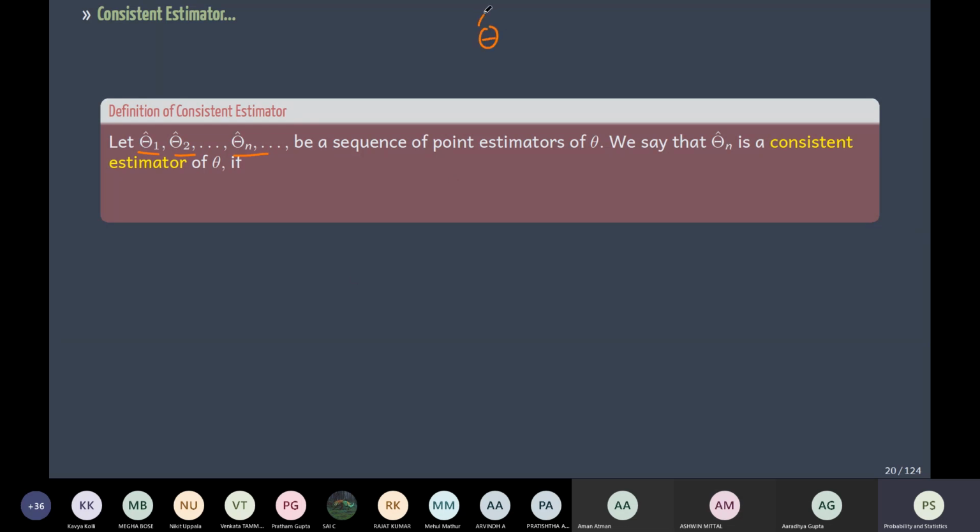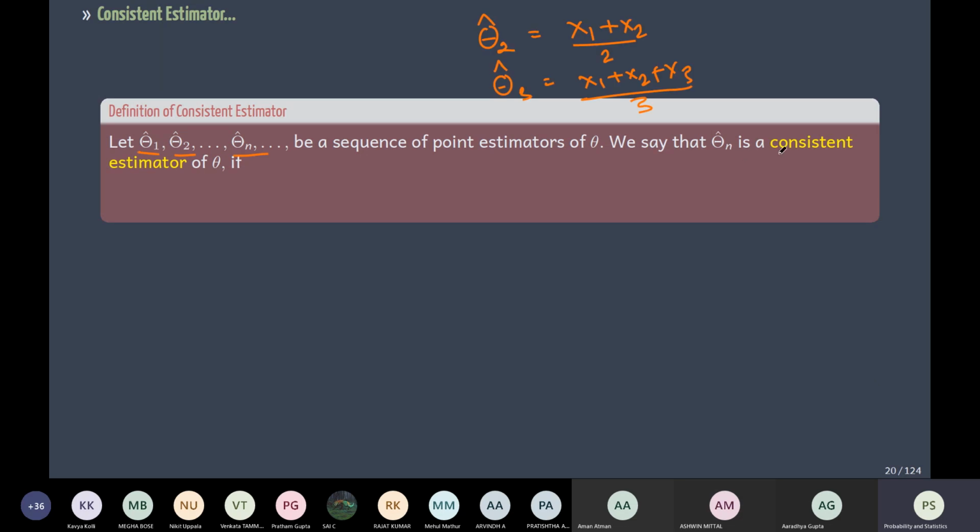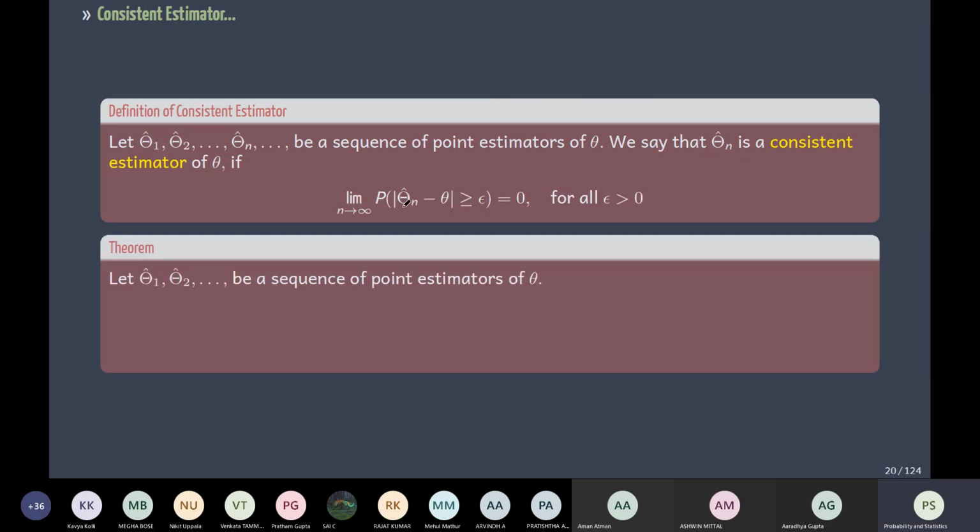For instance, if in the previous example I took theta hat 2 as x1 plus x2 by 2, and then theta hat 3 as x1 plus x2 plus x3 by 3 and so on, I can generate a sequence like this. If so, we say that theta hat is a consistent estimator if the probability that theta hat minus theta is large goes to 0.